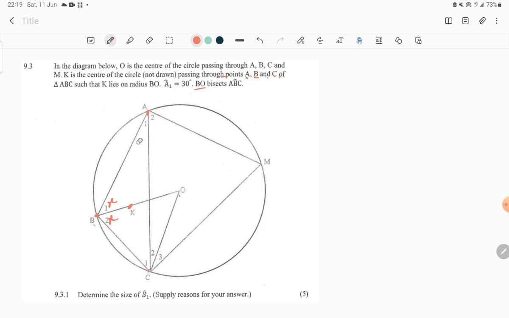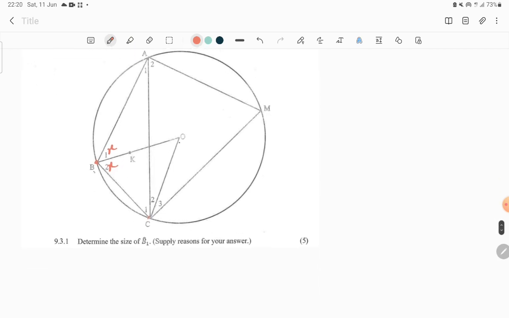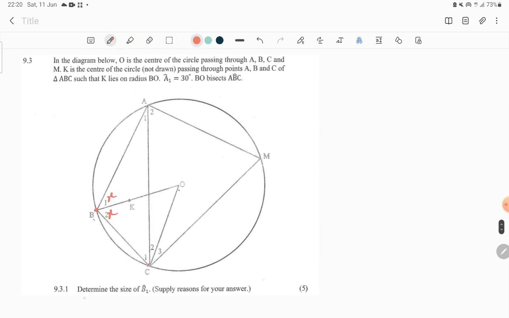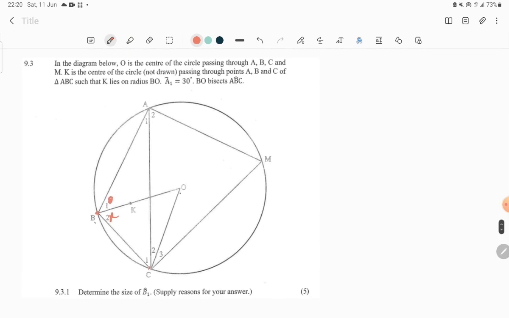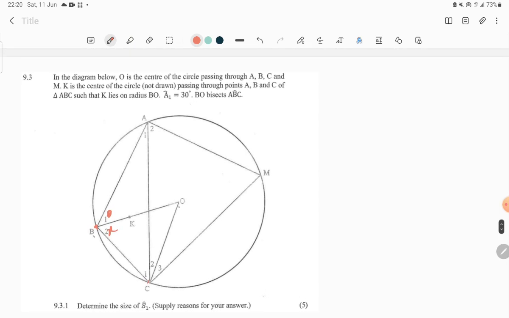This is what is being given as bisect. Now, let's come to the first question. The first question says, determine the size of B1, which is this angle over there. We just need to supply reasons for our answers so that we get all these 5 marks.